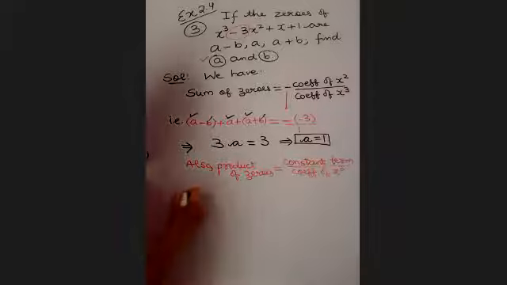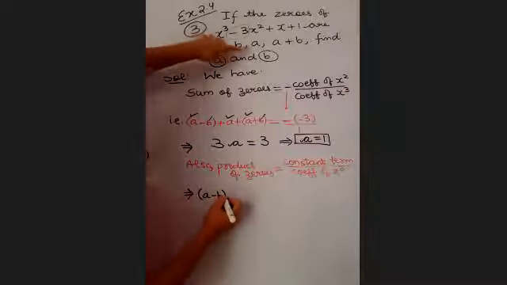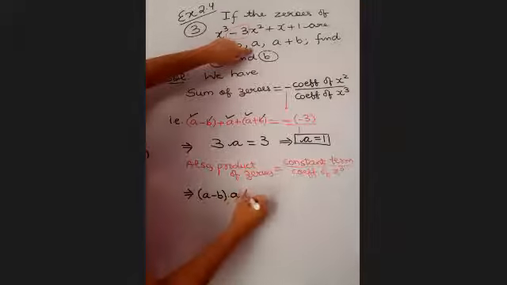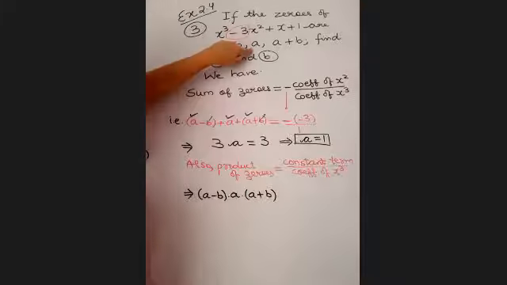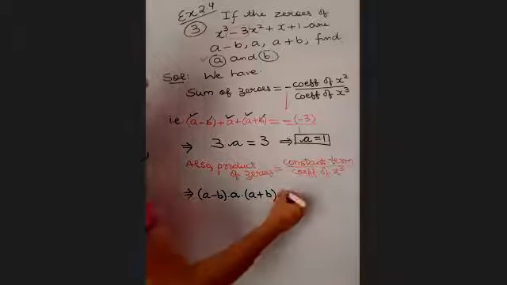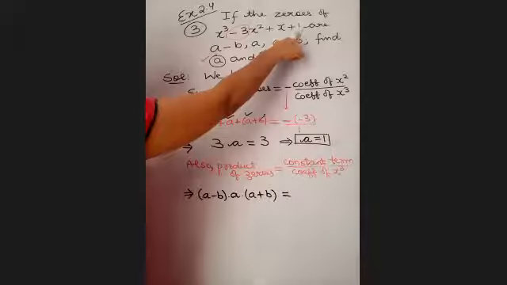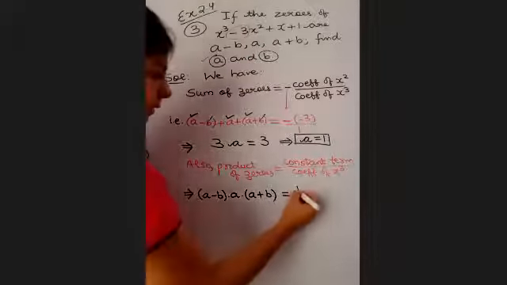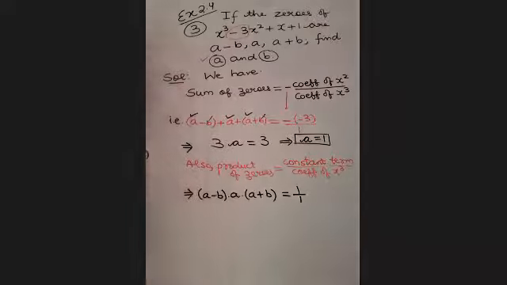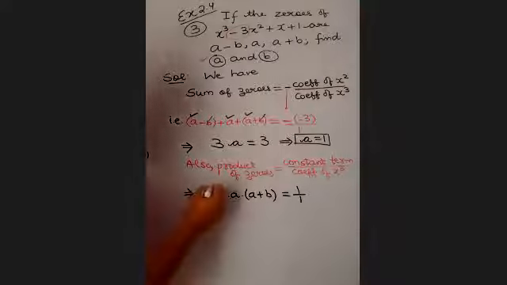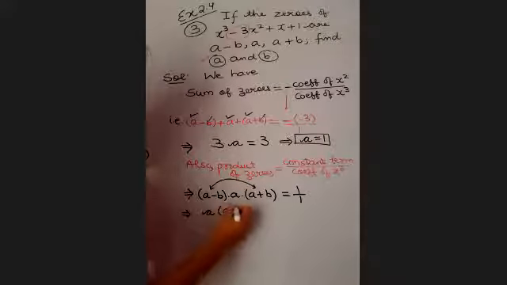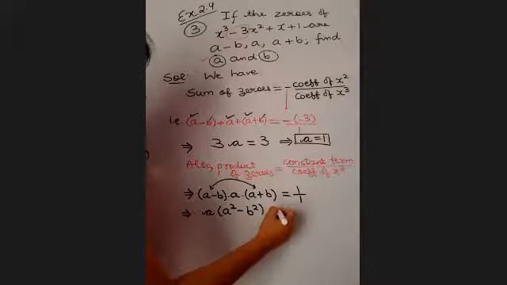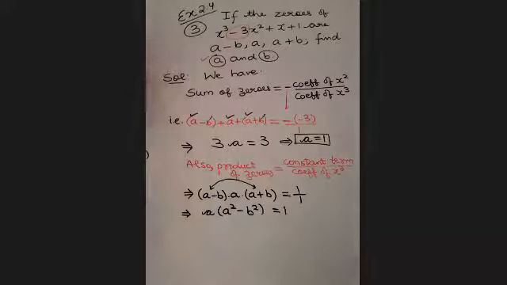Product of zeros means a minus b into a plus b, and the constant term here is 1. Now a minus b into a plus b becomes a into a square minus b square, which is equal to 1.